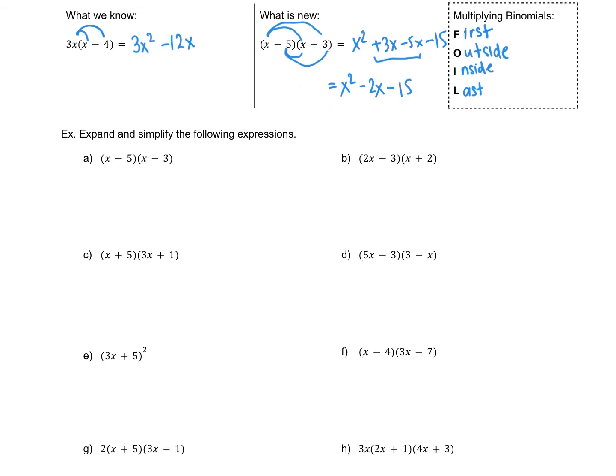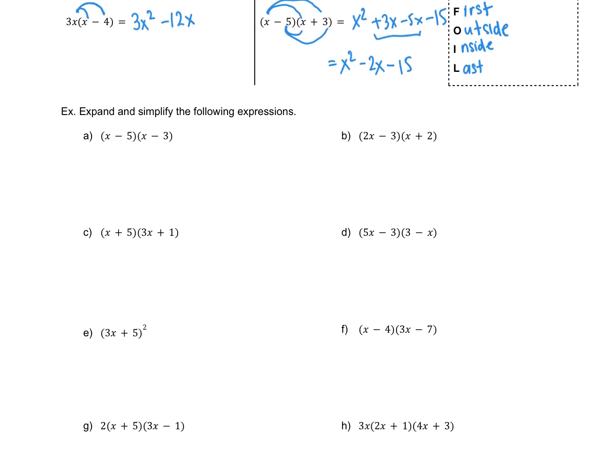So let's try this out. In our first example, we have x minus 5 times x minus 3. So I'm going to take the x and I'm going to multiply it into the second bracket. So x times x is x squared. x times negative 3 is negative 3x. Now I'm going to do the same thing, but now I'm going to multiply the negative 5.